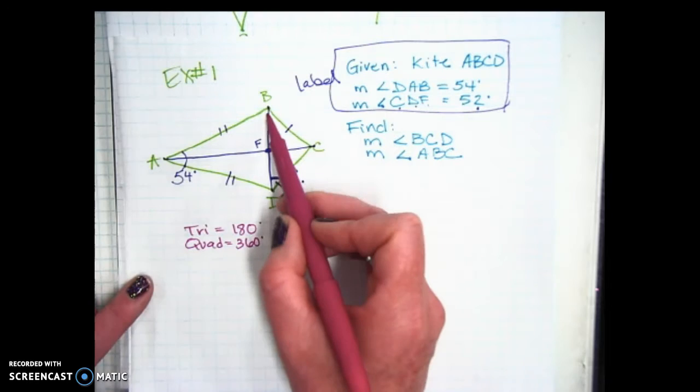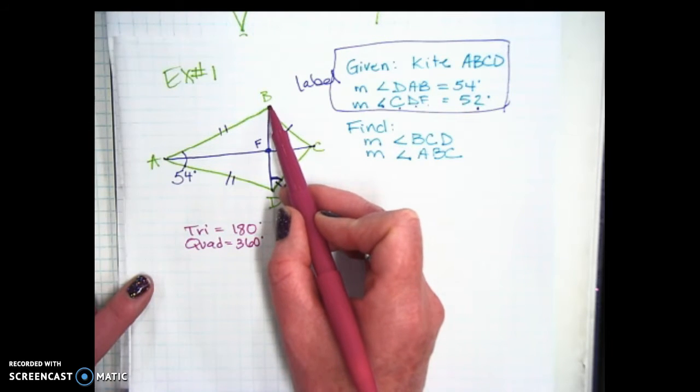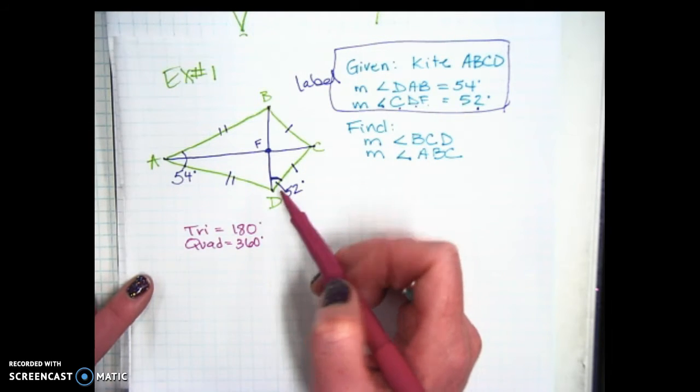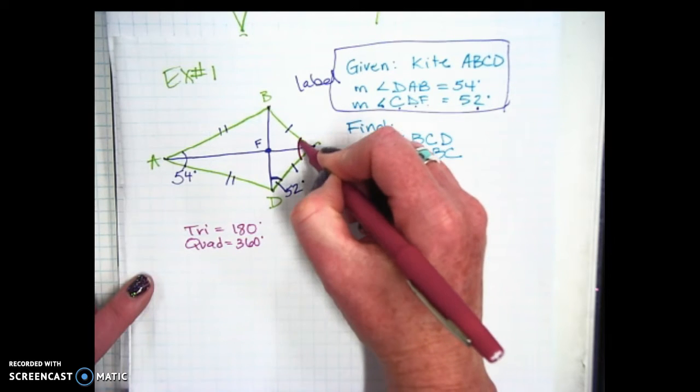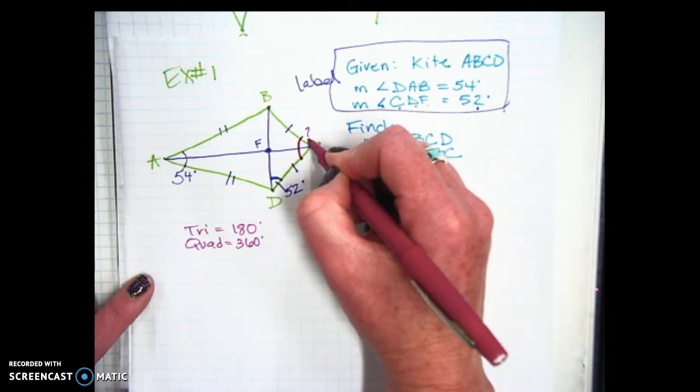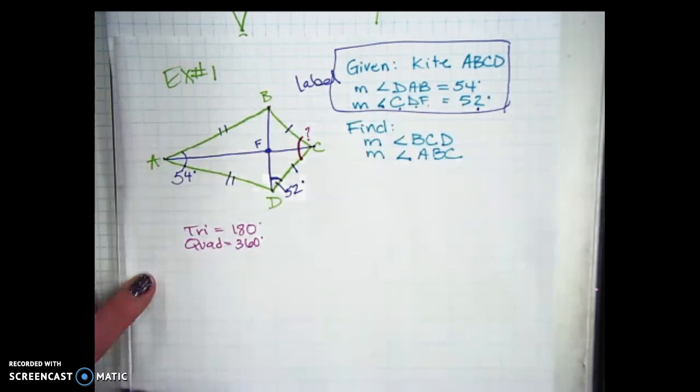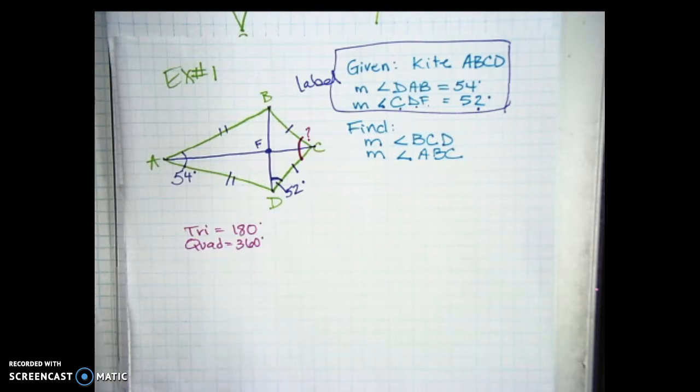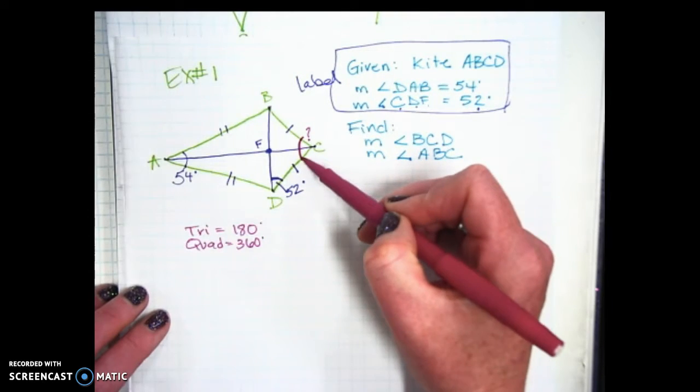So first, let's figure out angle BCD, okay? So come over here and find your B, find your C, find your D. That means we want this angle right here. So I'm going to put a question mark, or you can put an X, or whatever variable you like, right? Okay. So this angle is part of a triangle.